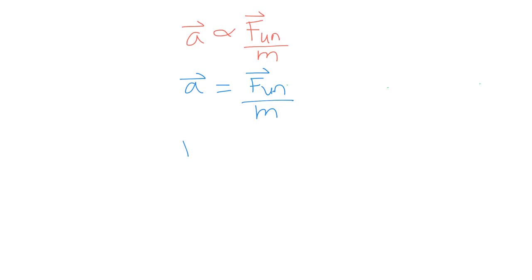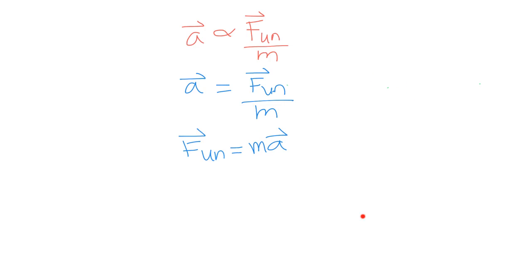And it tells us how an object behaves when it has an unbalanced force acting on it. If an unbalanced force is acting on an object, it will accelerate in the direction of the unbalanced force. So we can see from our vectors that our acceleration and unbalanced force will be in the same direction. And it is accelerating directly proportional to the magnitude of that unbalanced force, but inversely proportional to the mass.